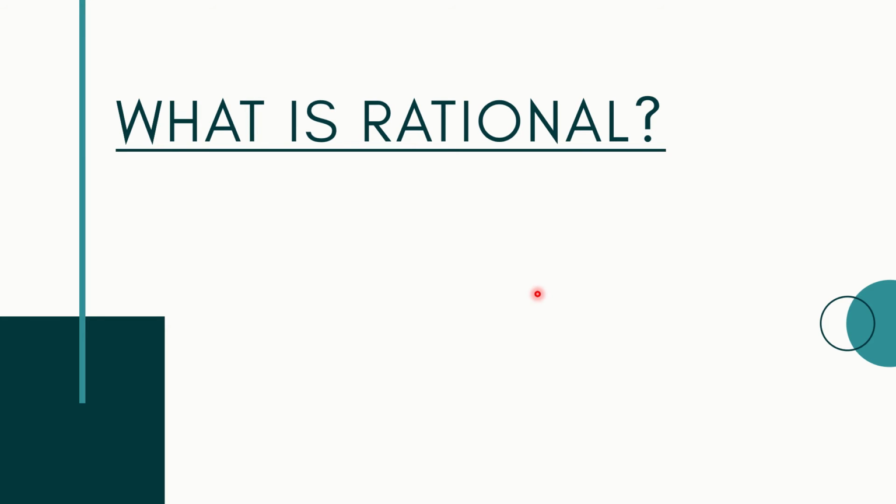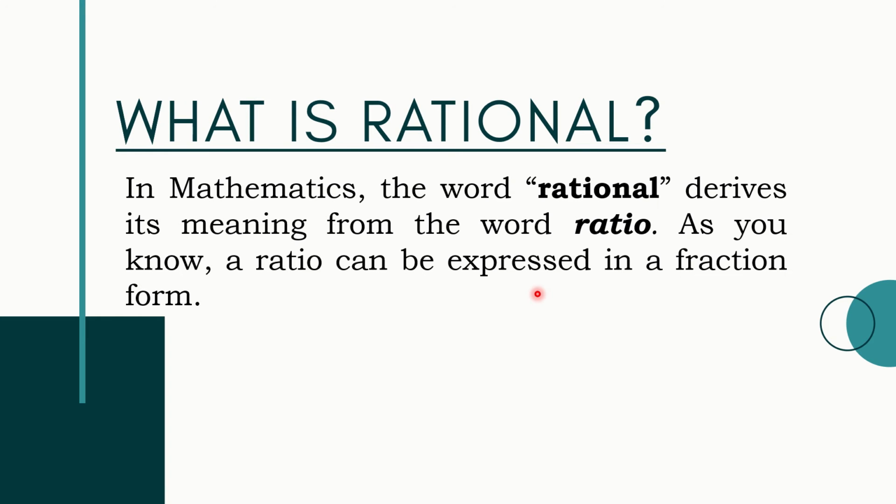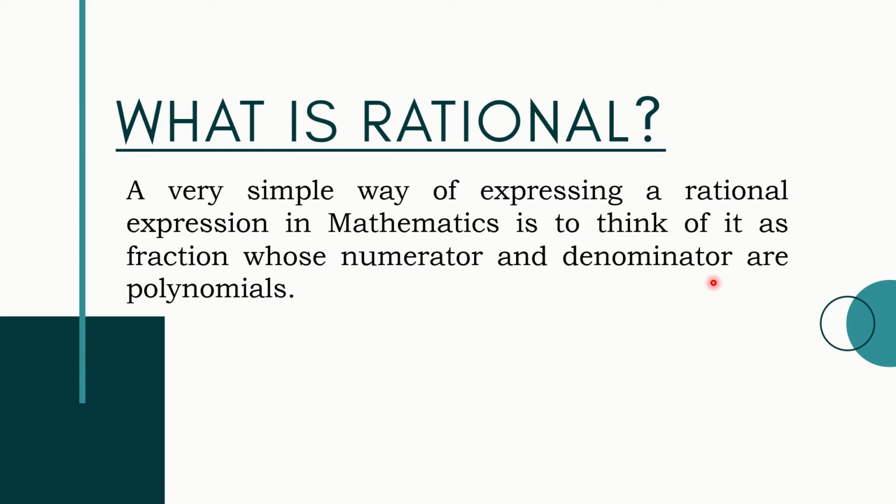But in mathematics, the word rational derives its meaning from the word ratio. As you know, a ratio can be expressed in fraction form. So a very simple way of expressing a rational expression in mathematics is to think of it as a fraction whose numerator and denominator are polynomials.